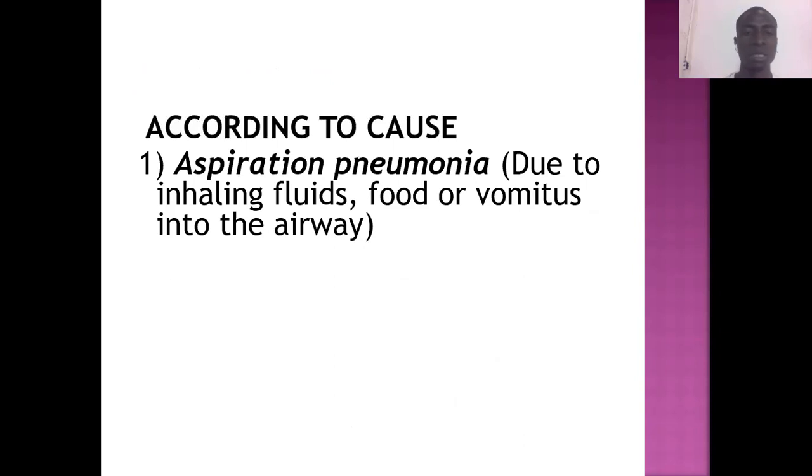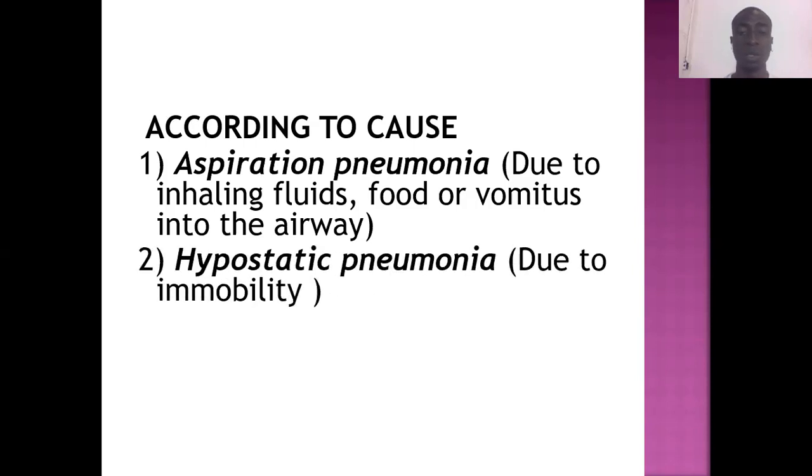According to the causes, we have aspiration pneumonia. Aspiration pneumonia comes due to inhalation of fluids, food or vomitus in the airway. If a client inhales fluids, food or vomitus in the airway, they end up having aspiration pneumonia. We also have hypostatic pneumonia, which comes due to immobility.